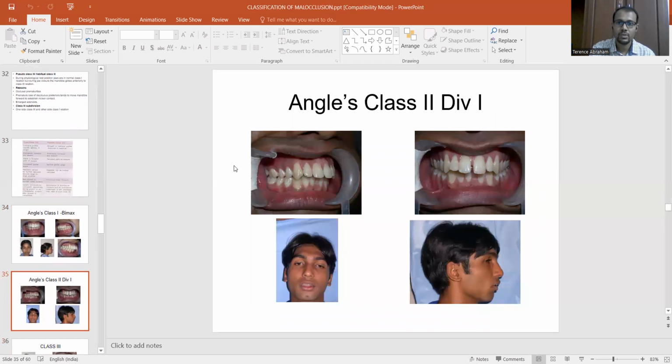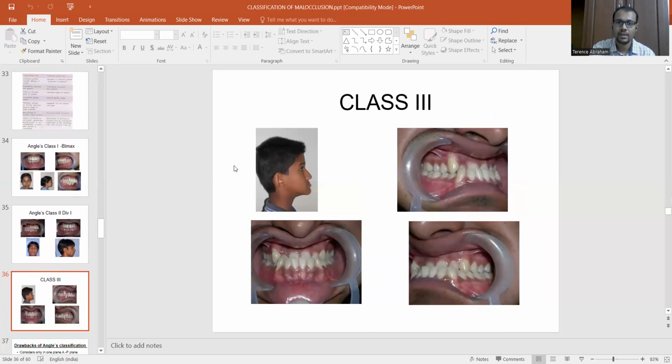This is the class 2 division 1. You can see all the features of the class 2 division 1. Class 3: concave profile, reverse overjet, retroclined lower anteriors, class 3 molar relation. All these features you can see in this case.